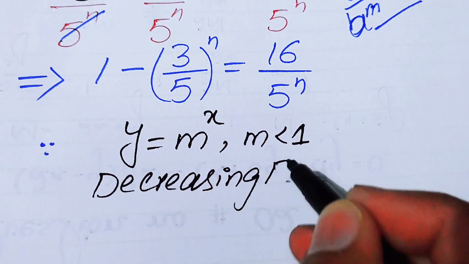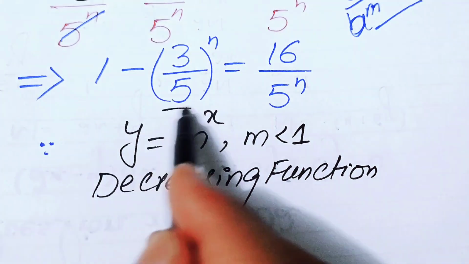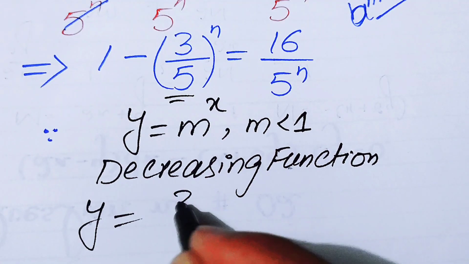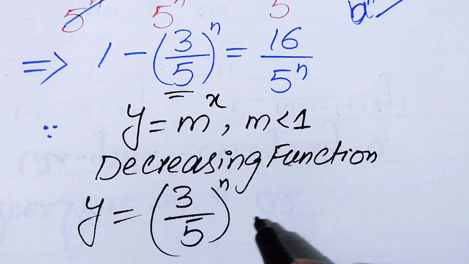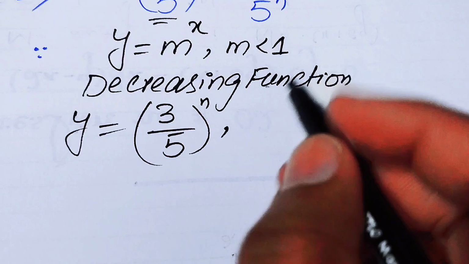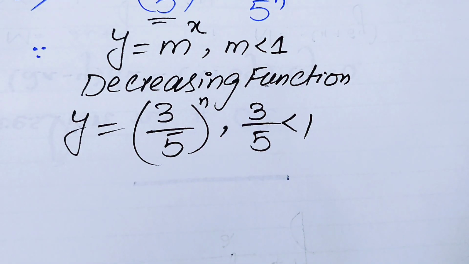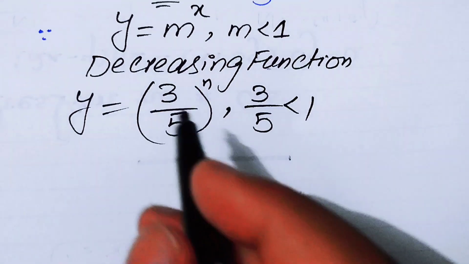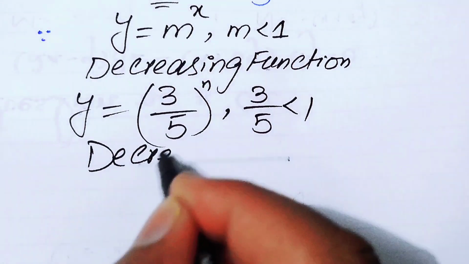So now you can check this term, and here we suppose that y is equal to 3 over 5 to the power of n, and you can check that 3 over 5 is less than 1. So if 3 over 5 is less than 1, then we say that this function is a decreasing function.